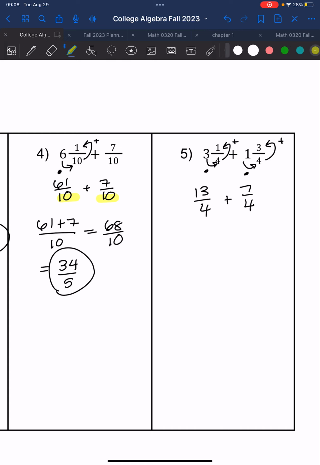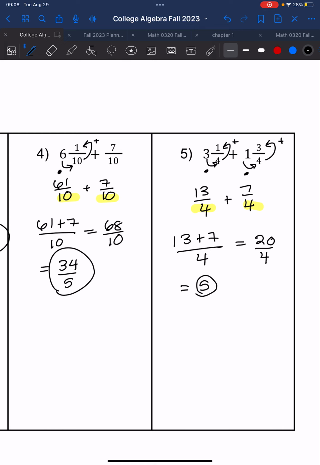Okay. They have a common denominator of 4, so we are just adding the numerators. So I have 13 plus 7, which is 20. And I can reduce this 20 over 4 to 5. You could also say this is 5 over 1 and keep it as a fraction. But just know that 5 over 1 is the same as just writing 5.